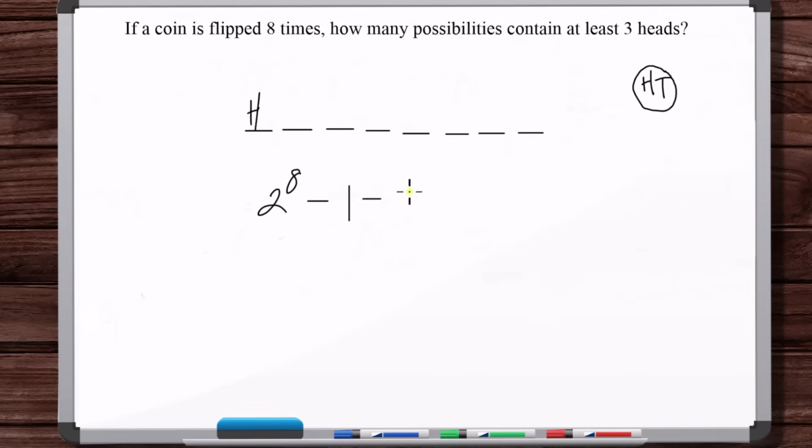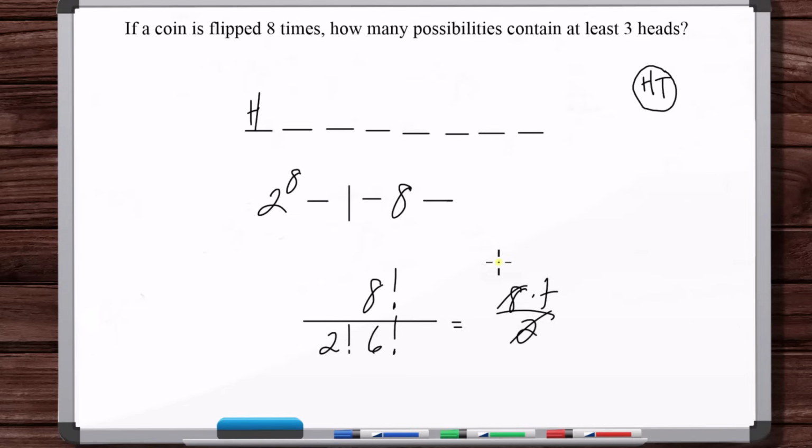That's going to be 8. If it's 2 heads and all tails, then we do 8 factorial over 2 factorial, 6 factorial. So that's 8 times 7 over 2. That's 28. So 2 to the 8th minus 37. Is that right? Yeah.